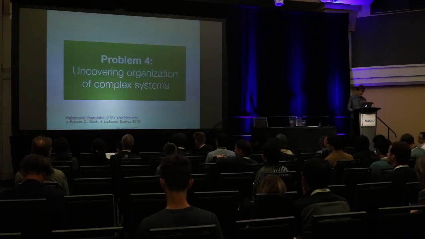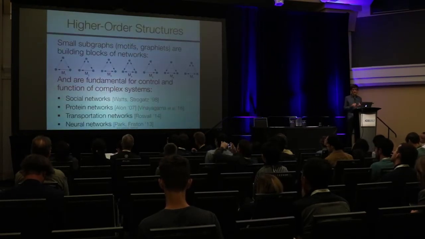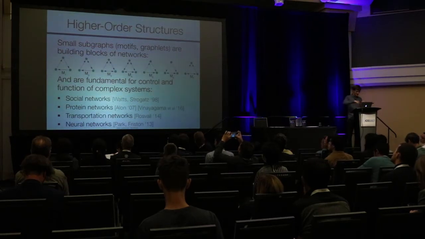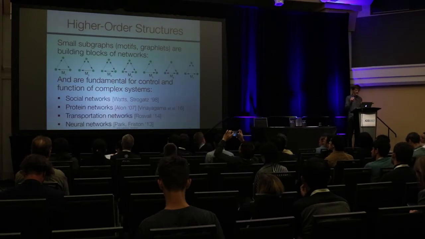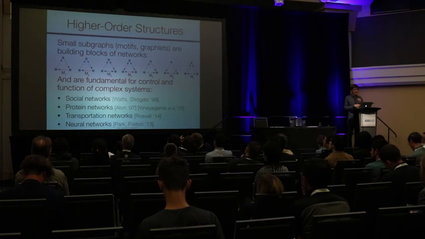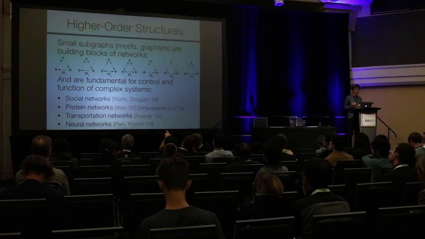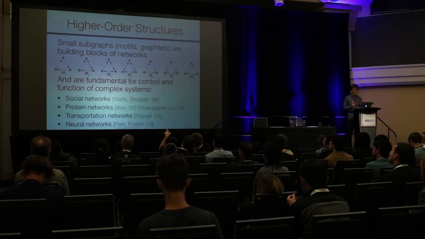So here's how to think about this. Networks are not just sets of nodes and edges, but there are intermediate or small level substructures. Here are examples of different triangles in the network that are very important for the function of these networks. For example, in social networks, we know that triadic closure is one of the main forces that shapes the evolution and the structure of social networks.